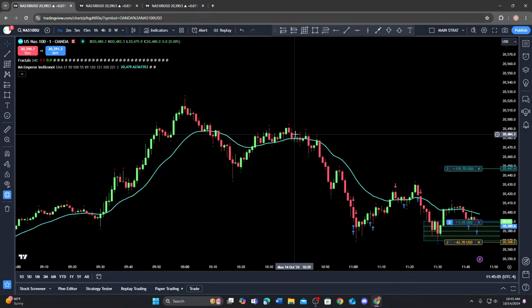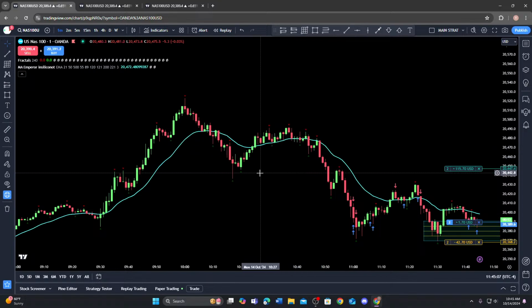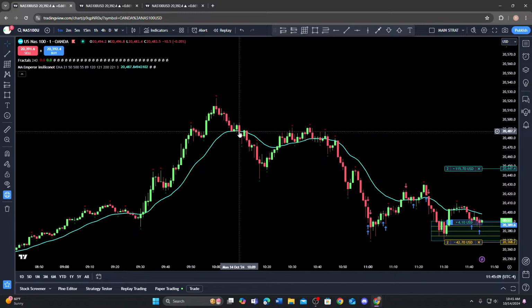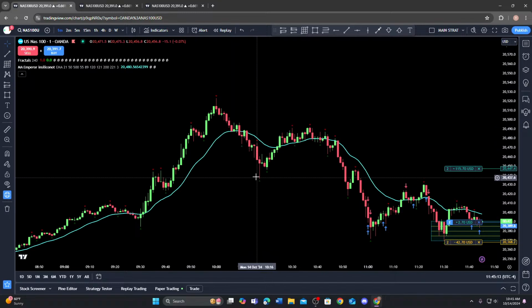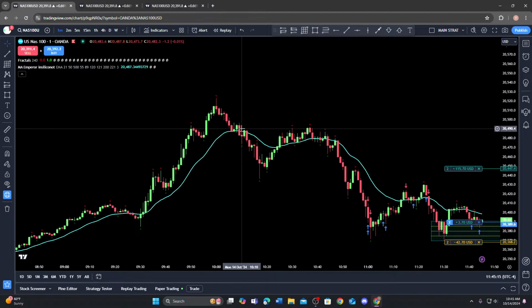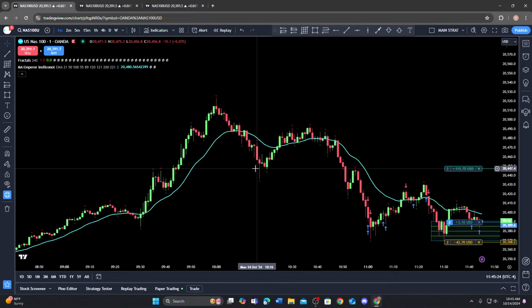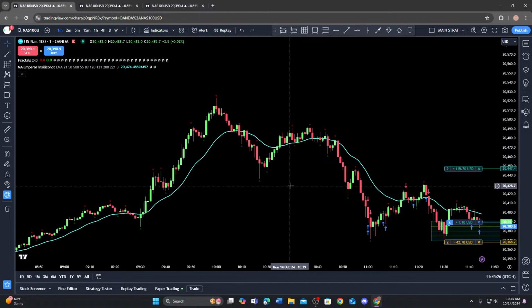If you took a trade here, this one wouldn't be a bad one. Trade down to there. But if you waited for price, like this candle here, got in on that candle, it keeps your stop loss low, and you're going to make a little bit more.